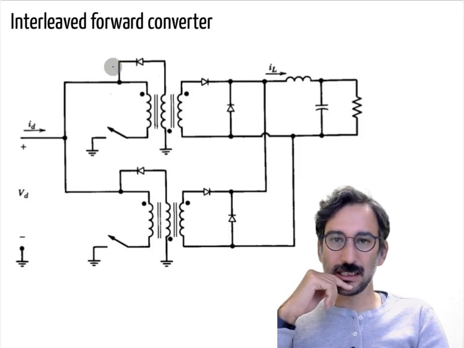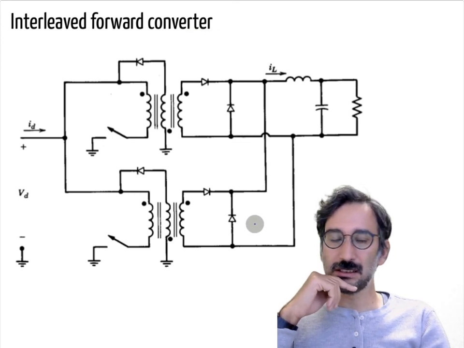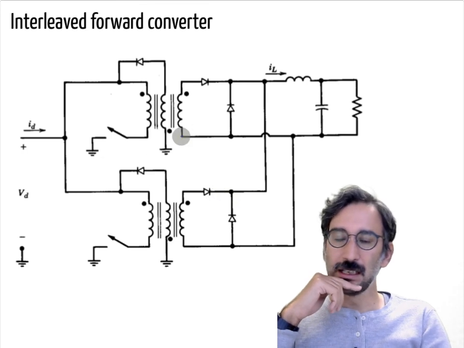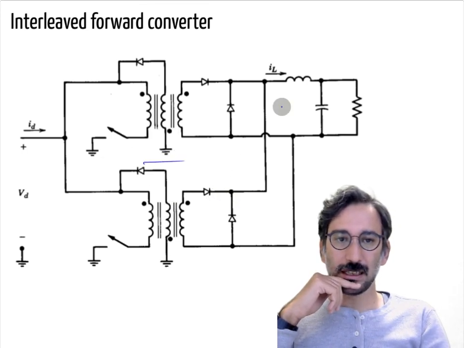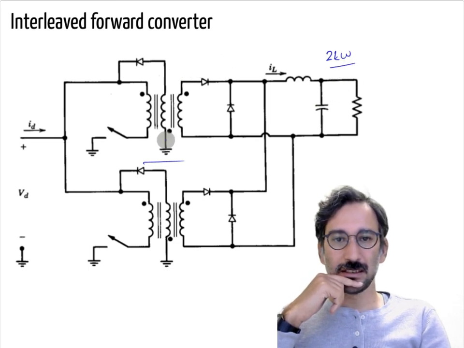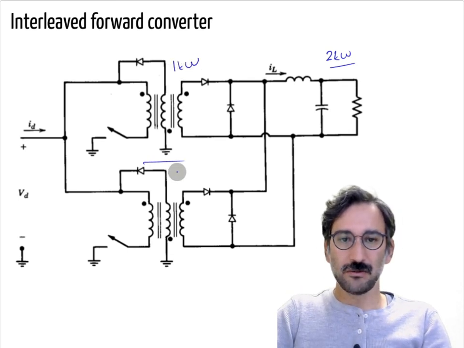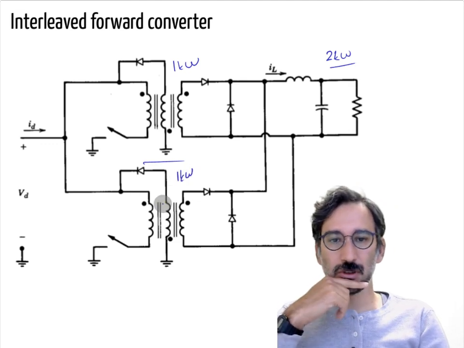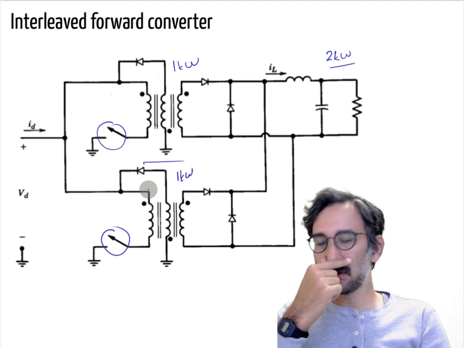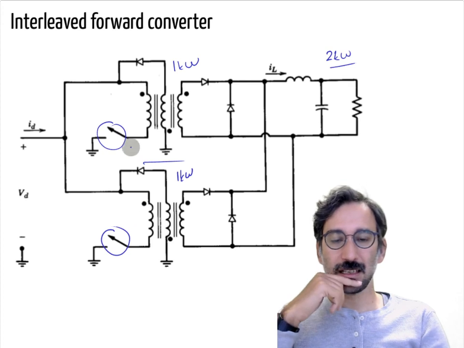Another option is to use an interleaved forward converter, and we talked about interleaving in the previous topologies as well. The idea is, instead of designing a 2 kilowatt transformer for a 2 kilowatt load, you can have 1 kilowatt power transfer from each interleaved converter, and introduce some phase difference between these two. It has a couple of advantages.